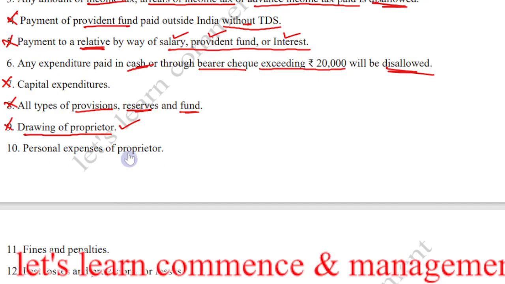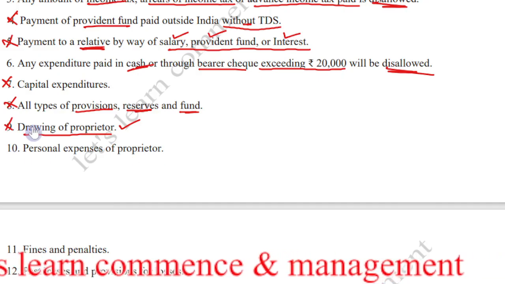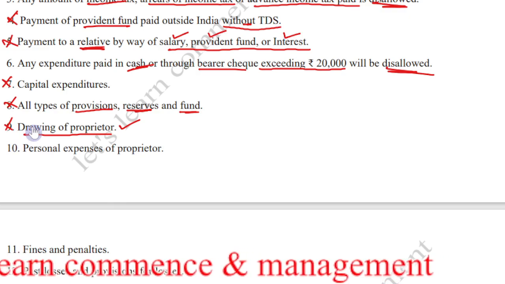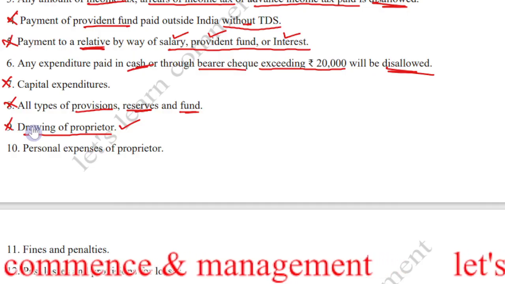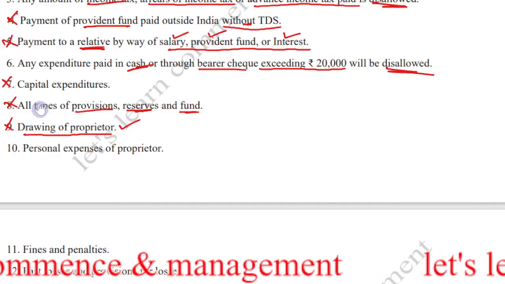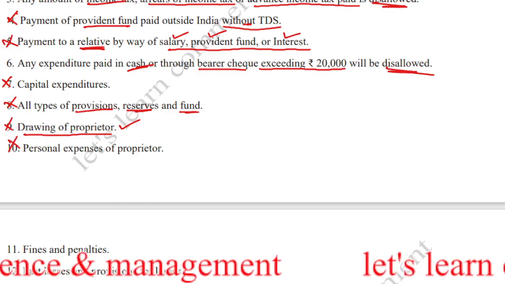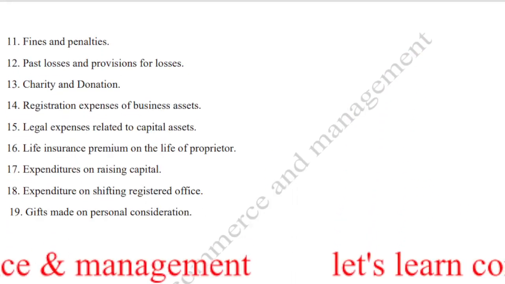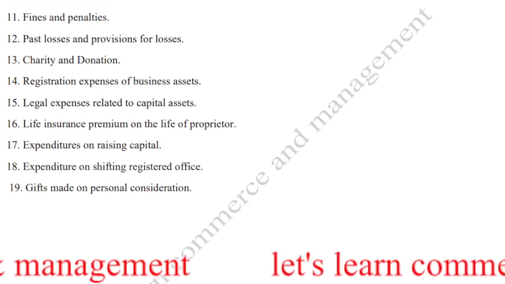Personal expenses of proprietor. If the proprietor is using some amount for his own purpose or her own purpose, then those expenses are also inadmissible expenses for which deduction will not be allowed. Next, we have fines and penalties.